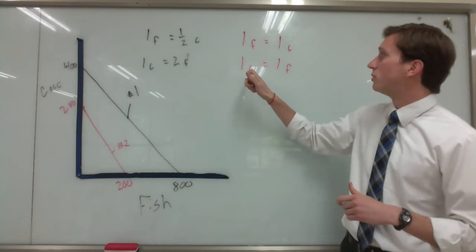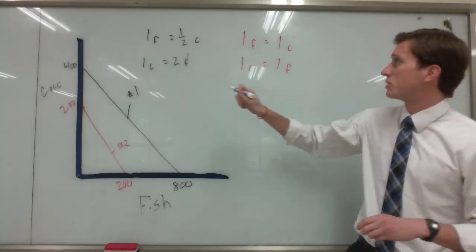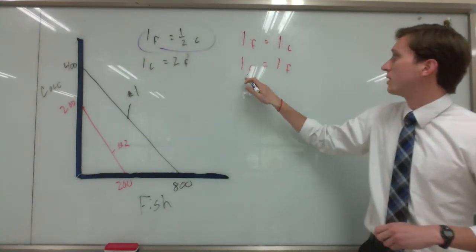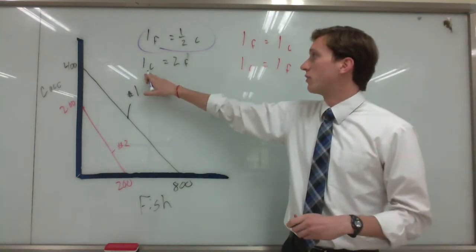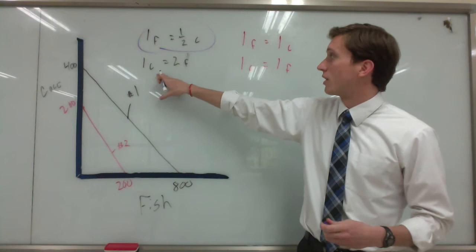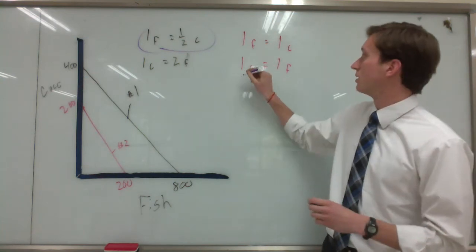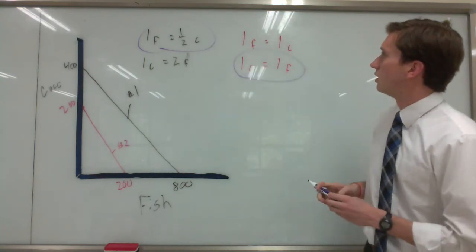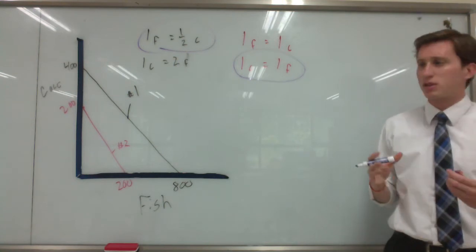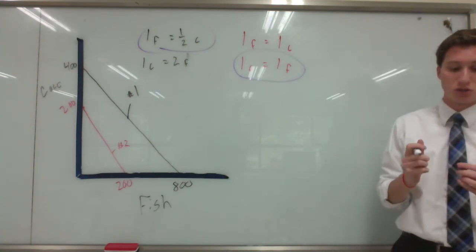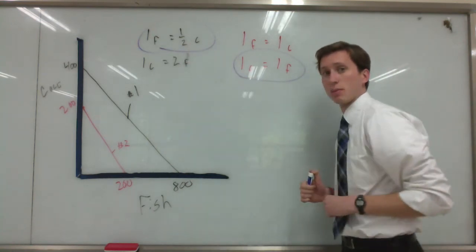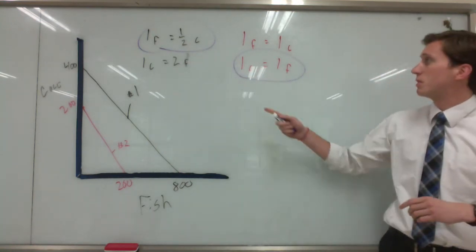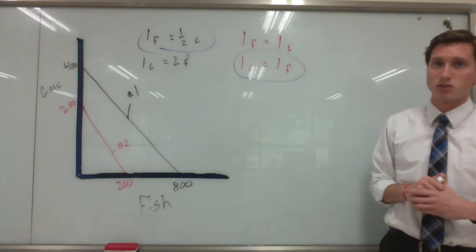But guy number 2 is more efficient at producing coconuts because he can produce one coconut at an opportunity cost of only one fish. Over here, one coconut costs 2 fish for that guy. So now we know who should be producing what. Guy number 1 should be producing fish, because it's a lower opportunity cost. Guy number 2 should be producing coconuts, because it's a lower opportunity cost.